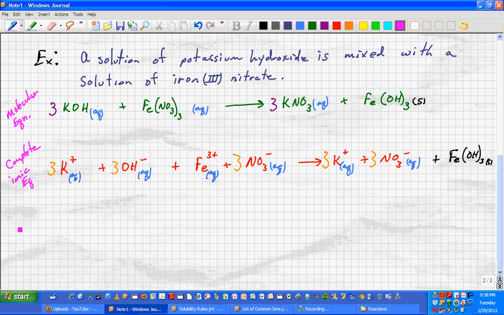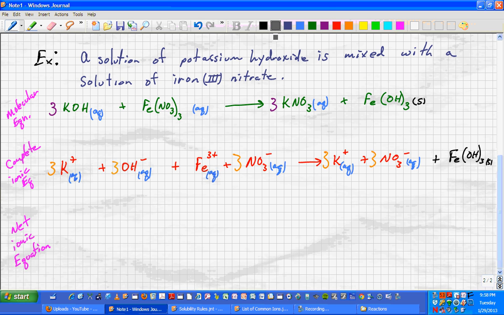Alright, here we go. Now we're getting to the net ionic equation. The net ionic equation, we said, only shows what changes. What we can do with the complete ionic equation is get rid of the things that are spectator ions.